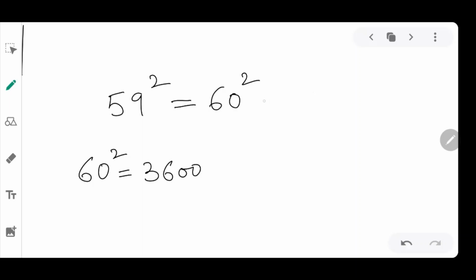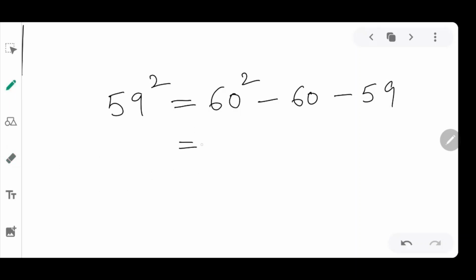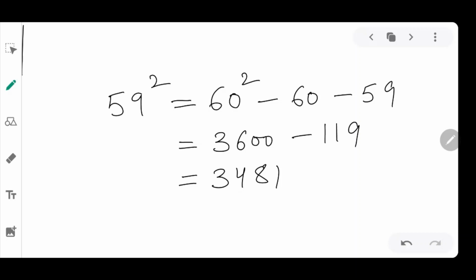What to subtract? We will subtract this 60 itself and this 59 from the answer. So if you solve it, you will get 3600 minus 119, which gives you 3481. So this is the answer of 59 square.